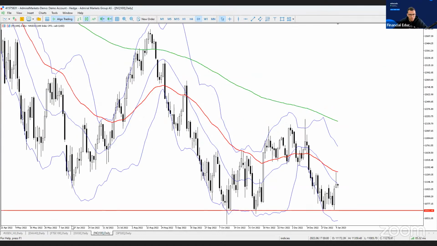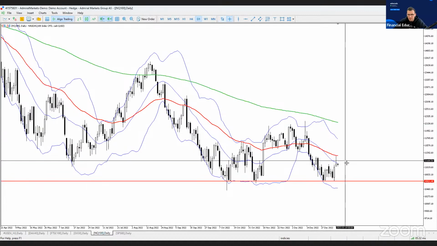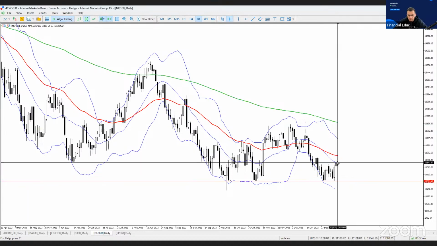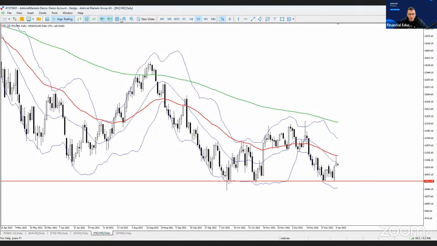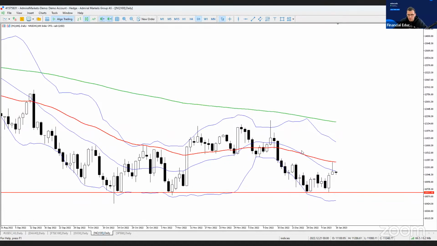US 100 or NASDAQ, we had this bullish engulfing of the support here. We talked about that, but yesterday the market put in weak price action. You can see how much volume was in the previous candle, and yesterday's one was very small, with a rejection on the 20 moving average and on the 50 moving average.